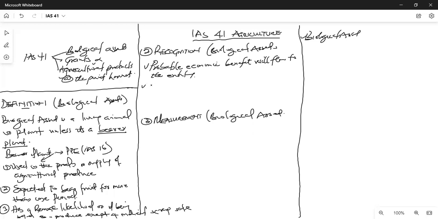What we are supposed to add is that the cost, and in this case, the fair value, can be measured reliably.